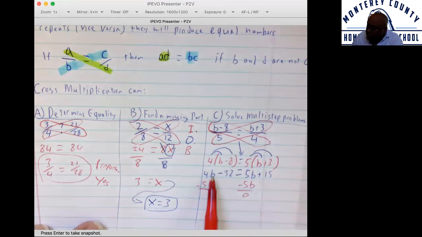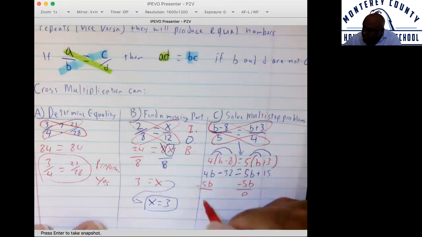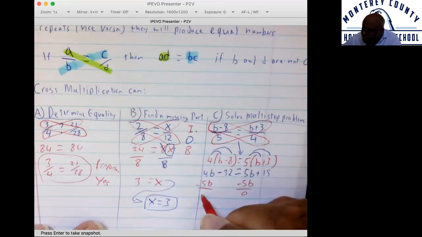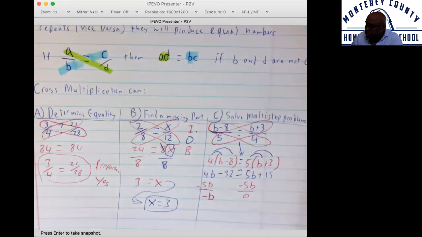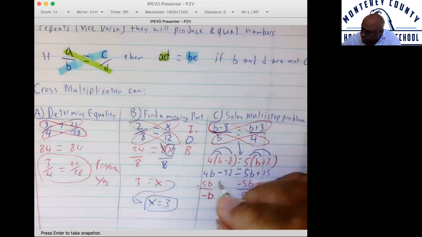So I have 4b minus 5b. I'm taking away more than what's there, so my answer would be negative 1b. Now, I want to do the same thing with this 32. I don't want all of my variables and constants mixed up. So I'm going to add 32 to both sides.